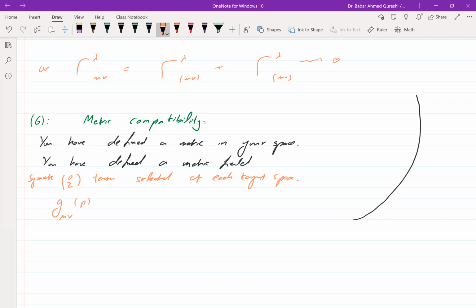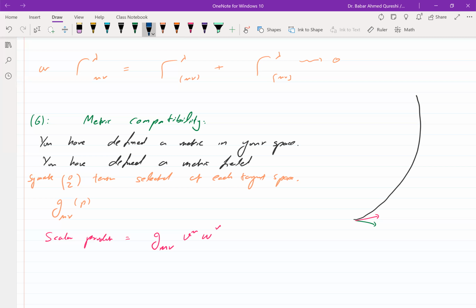So you have defined a metric, it exists in your space, and if you take two vectors at a point, you can compute the scalar product. The scalar product is just the contraction. Let's call these vectors v and w. This would be the scalar product.